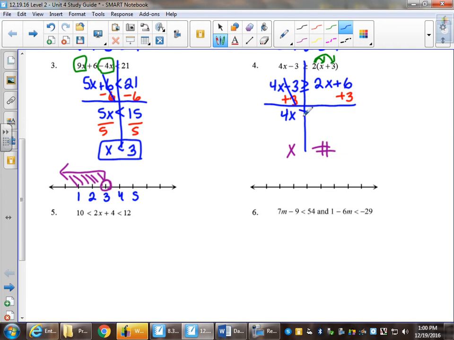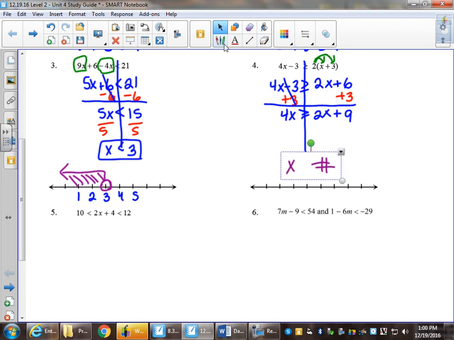So you get 4x greater than or equal to 2x plus 9. If I turn my attention over to the right side here, I just want numbers. So this term right here, 2x, that has to move. It has a variable. So we'll subtract 2x from both sides.